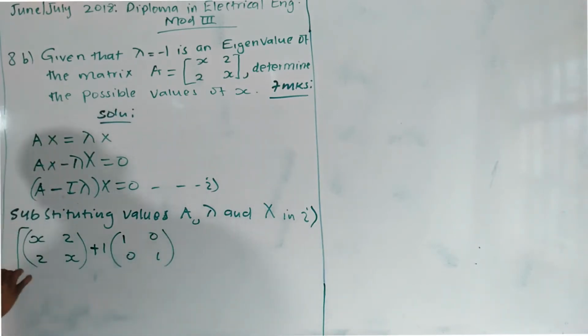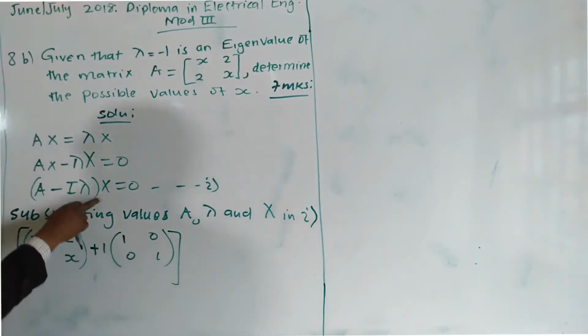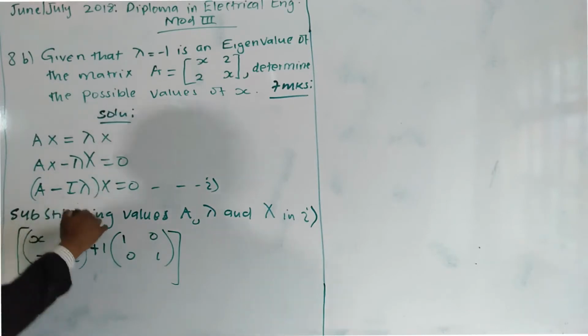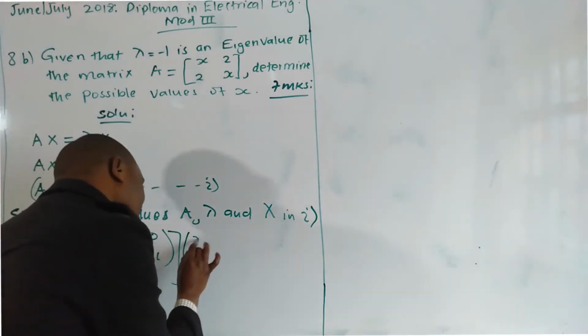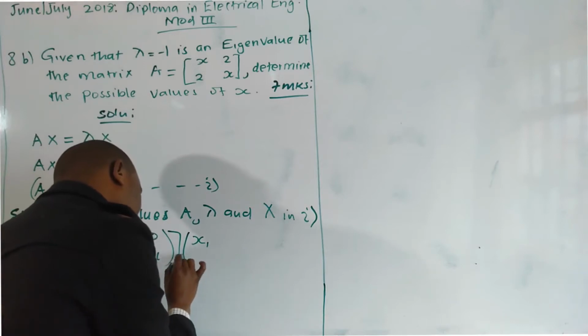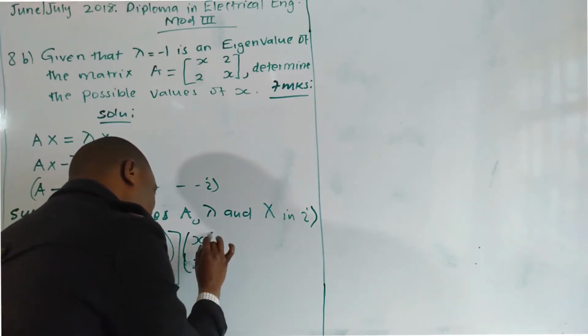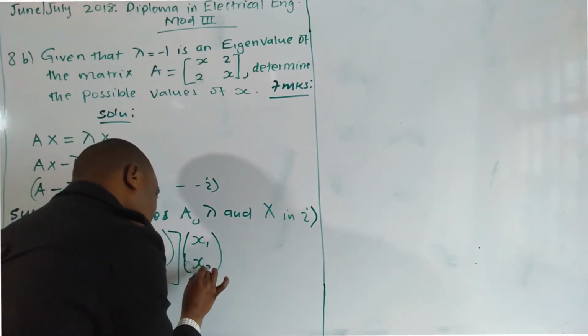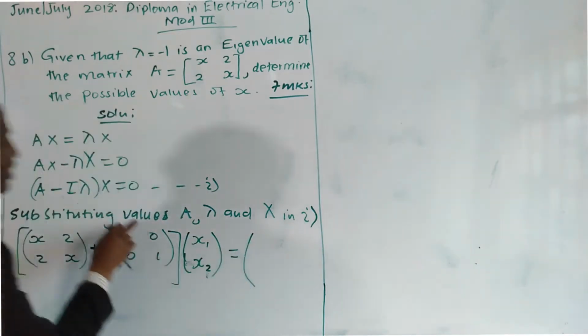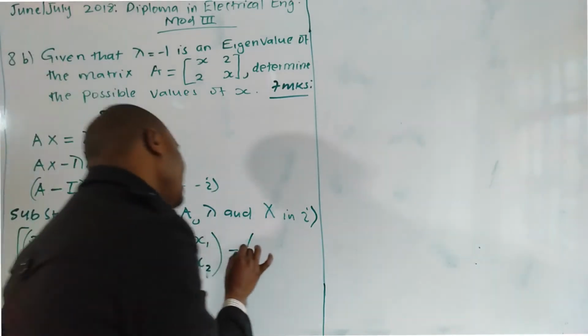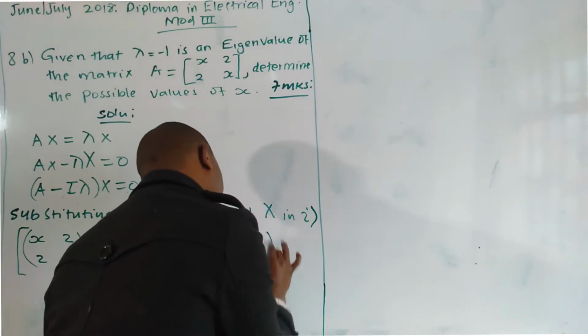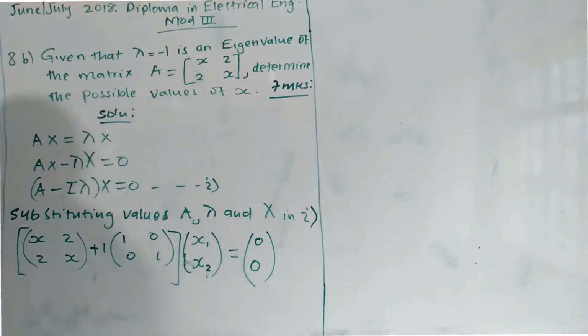All these multiplied by the eigenvector, which is a column matrix, x1, x2, again is equal to the other side of the equation, 0 in the form of a column matrix.